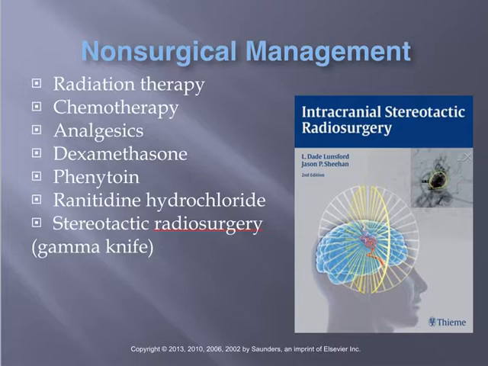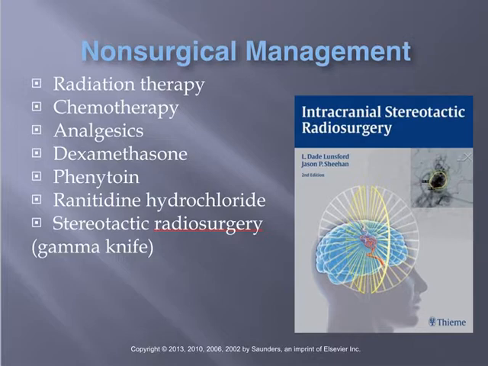But it does happen. There are going to be some medications that we use for managing brain swelling, either with surgical or non-surgical management. We're going to use drugs like dexamethasone, which is a corticosteroid, and that's going to help decrease swelling and inflammation.